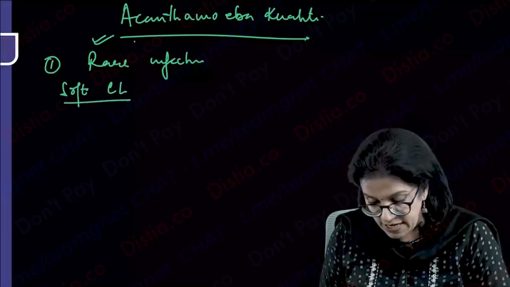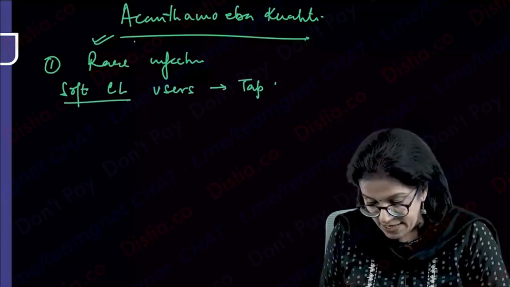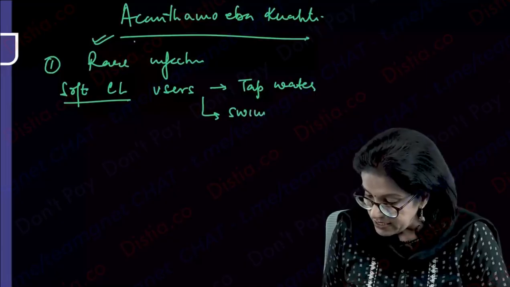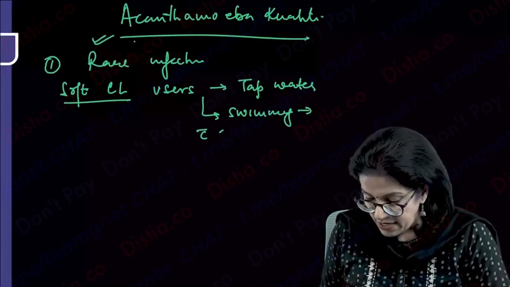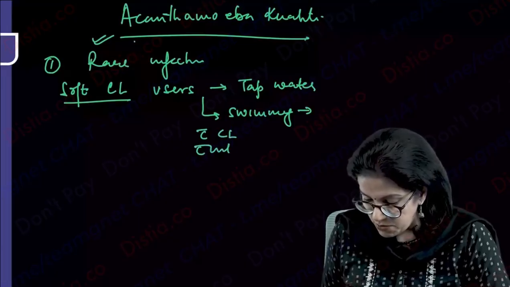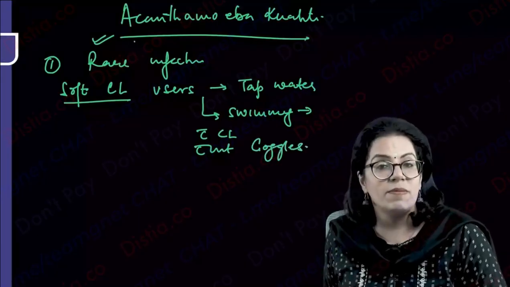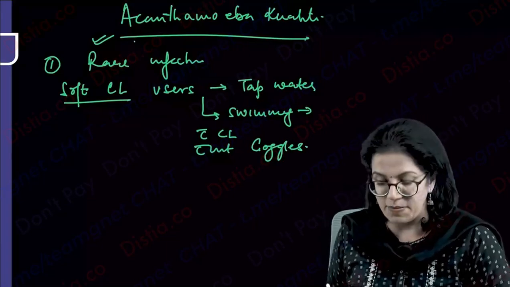Generally soft contact lens users washing their lenses with tap water, or swimming with their lenses on and no goggles. Now you're exposing yourself to acanthamoeba, at risk of getting acanthamoeba keratitis.